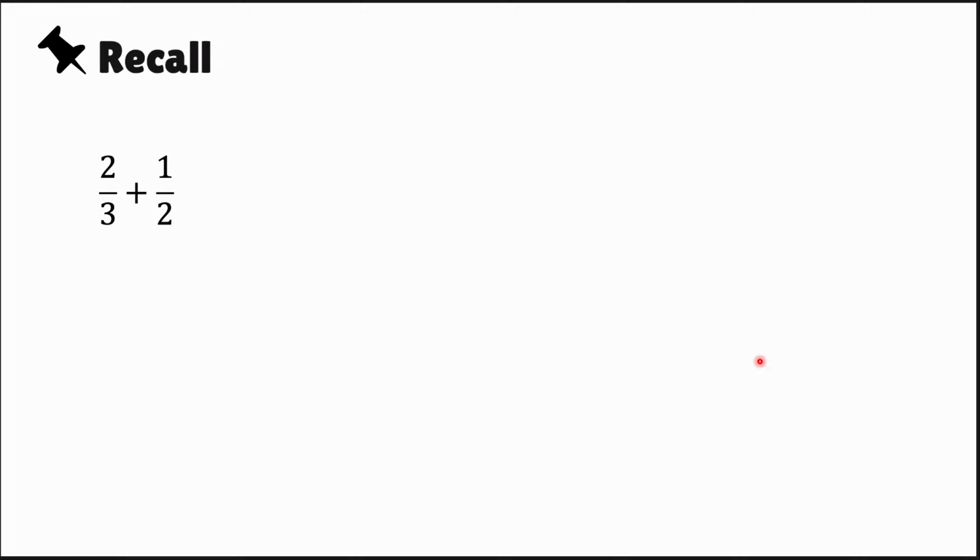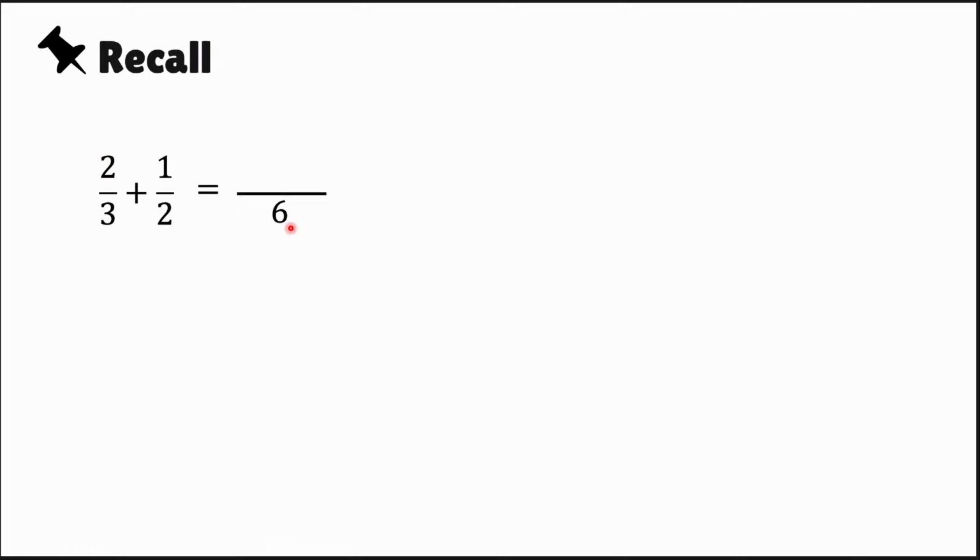For us to find that denominator, we have to know the least common multiple, or the LCM, of 3 and 2. So the LCM of 3 and 2 is 6. Our denominator is 6. Whatever we multiply with our denominator is also the one that we're going to multiply on our numerator.